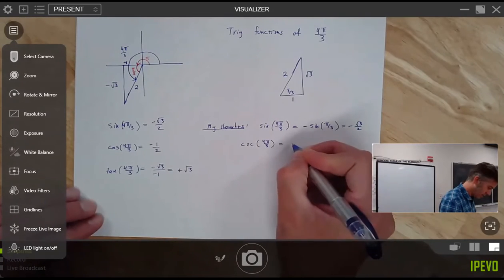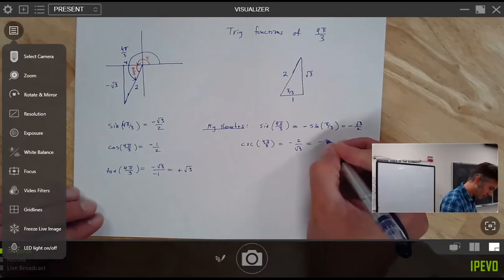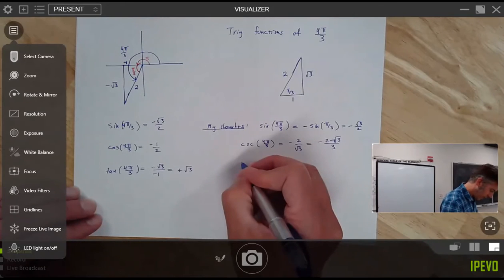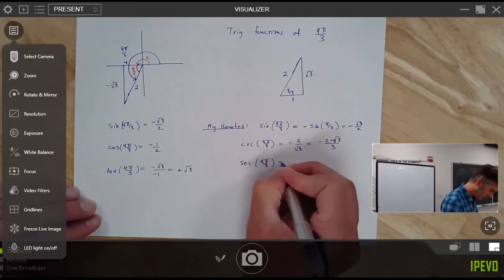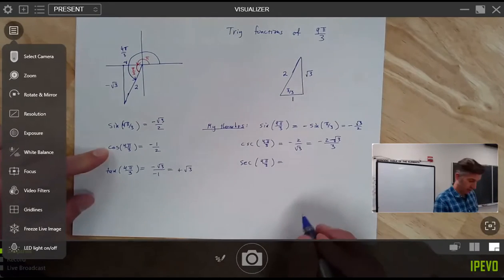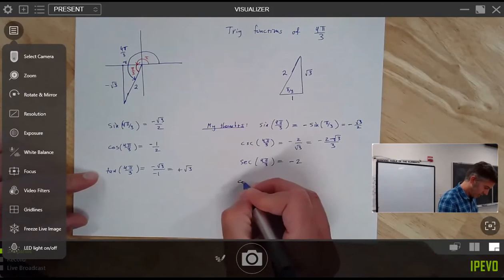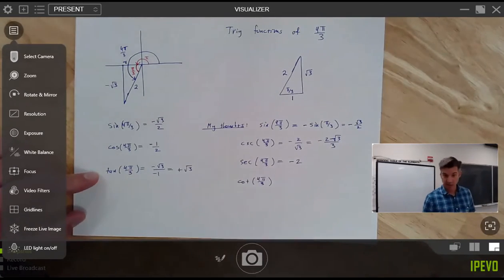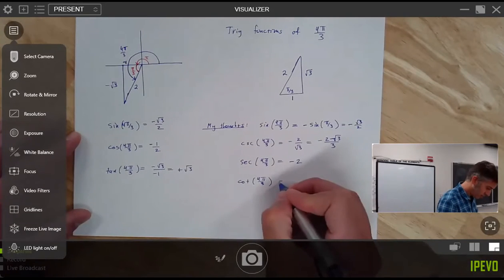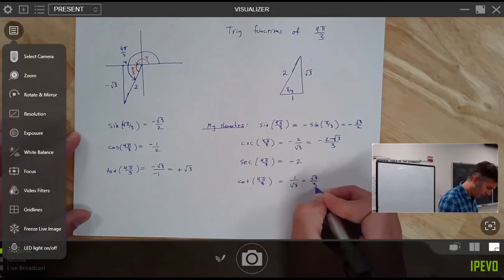So it's going to be negative 2 over root 3, which rationalizes as negative 2 root 3 over 3. And secant of 4 pi over 3 has to be negative because cosine is negative. It'll be negative 2 over 1. And cotangent of 4 pi over 3 has to be positive because tangent's positive. It's going to be 1 over root 3, which is root 3 divided by 3.